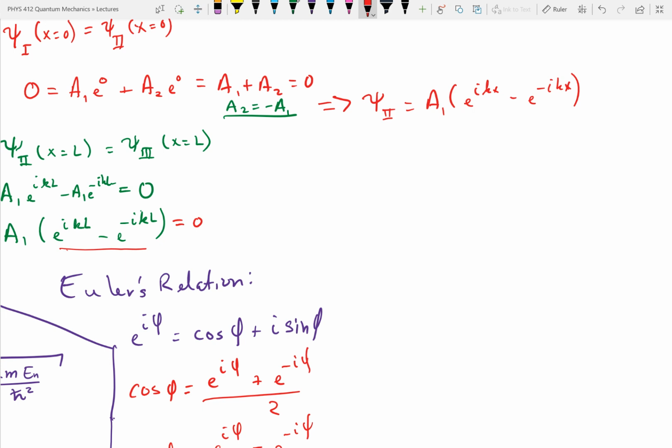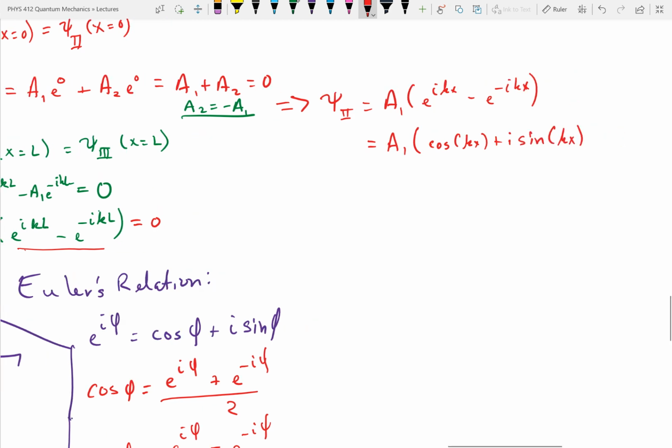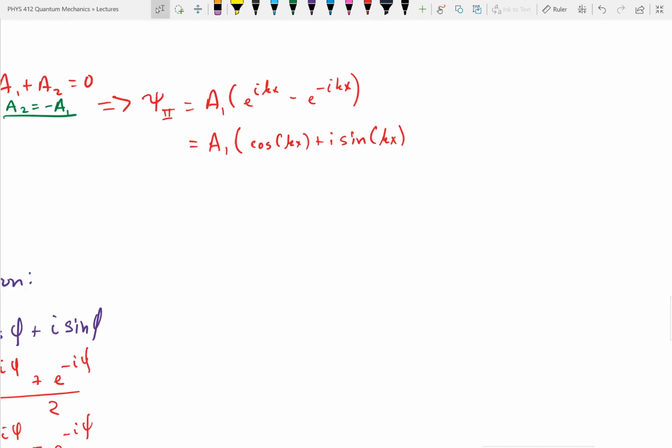After we did the first test, because of this relationship, if I apply Euler's relation, whoa. So there, the green is the second term, the red's the first term.